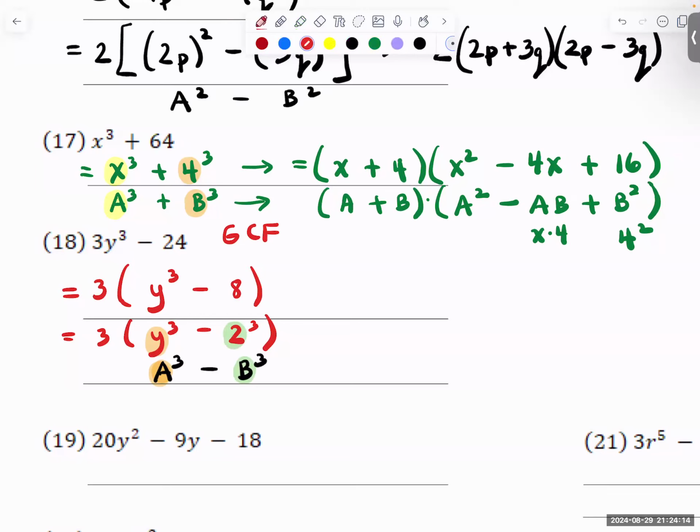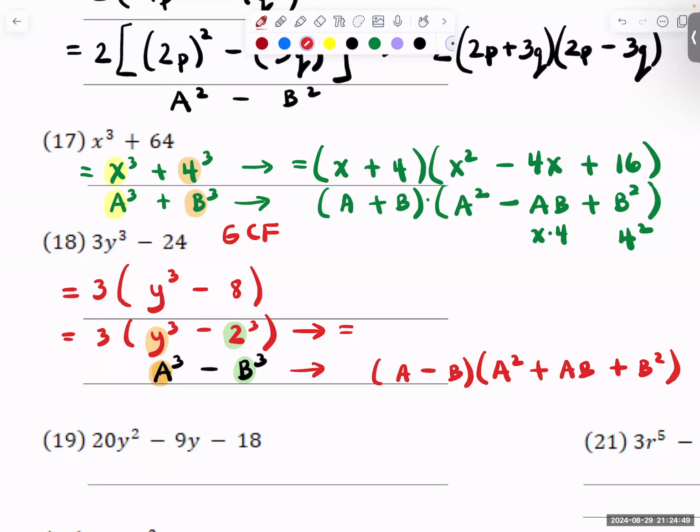So let's put the formula over here, which will be, since it's a difference of 2 cubes, the first sign will be a minus and a binomial a minus b. Then the next sign is opposite, so it'll be a plus, a squared plus a times b plus b squared.